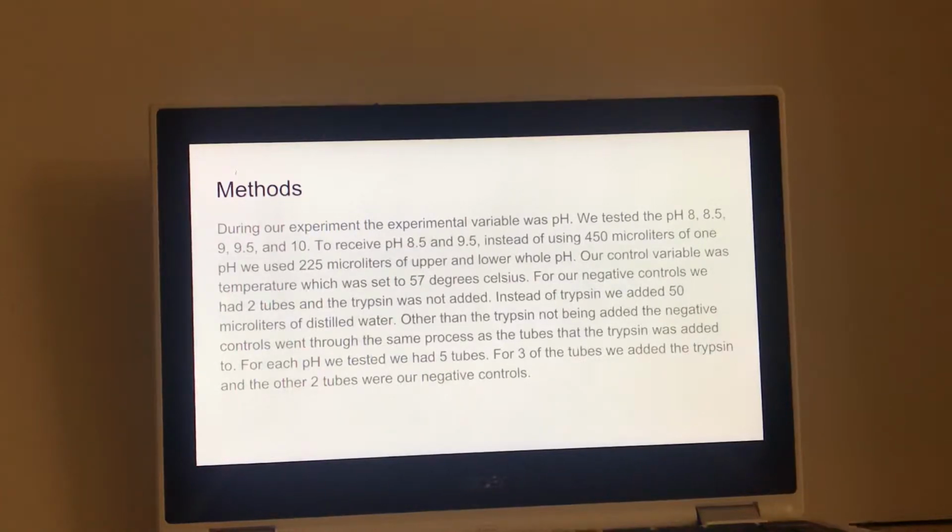In our experiment, we designed 2 replicates of negative control and 3 replicates of active samples, which are the trypsin ones. We use replicates because there is variability between experimental units.